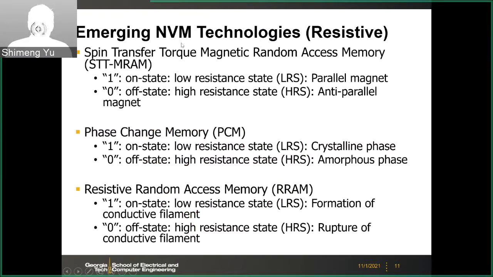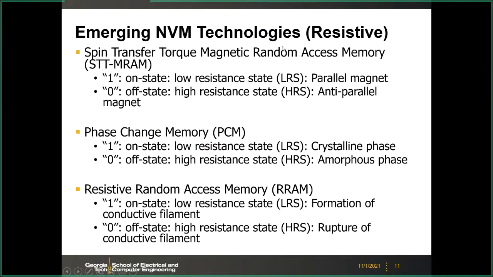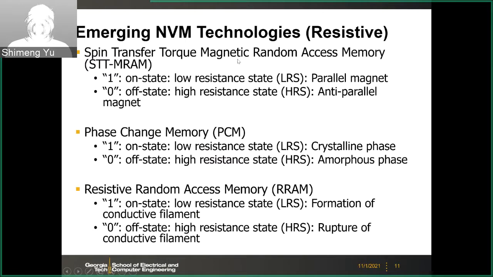To summarize, what we discussed are all resistive non-volatile memory because they depend on the resistance change in the device. In the STT-MRAM, the one state is the on state, the low resistance state, and we sometimes use LRS to represent it.